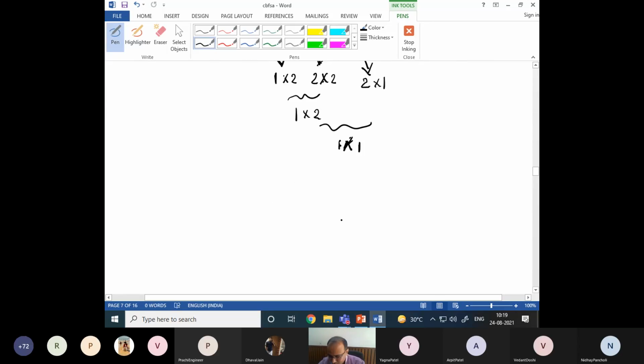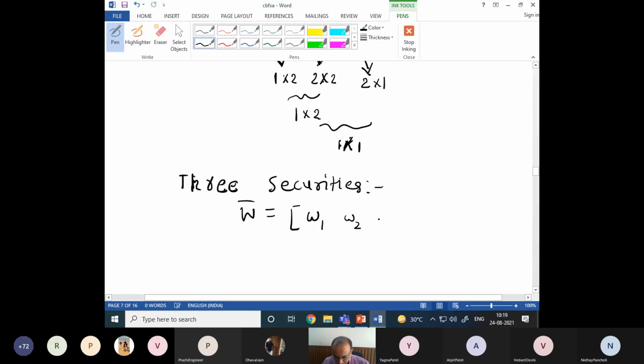Now this is the case with only 2 securities. Let me extend it to the 3 security case, because ultimately we have n number of securities. I want to extend it to n securities, and this is the way we proceed throughout this subject. We take the case of 2 securities, then extend it to 3 and then to n. So if I now have 3 securities in my portfolio, my W vector is W1, W2, W3 transpose.